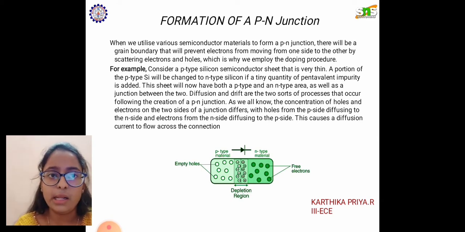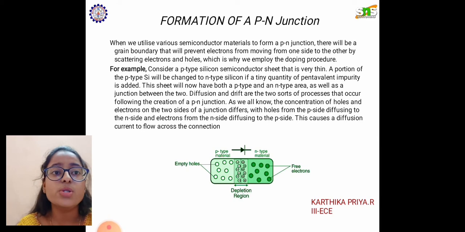For example, consider a P-type silicon semiconductor sheet that is very thin. A portion of the P-type silicon will be changed to N-type silicon if a tiny quantity of pentavalent impurity is added. This sheet will now have both a P-type and an N-type area as well as a junction between the two.